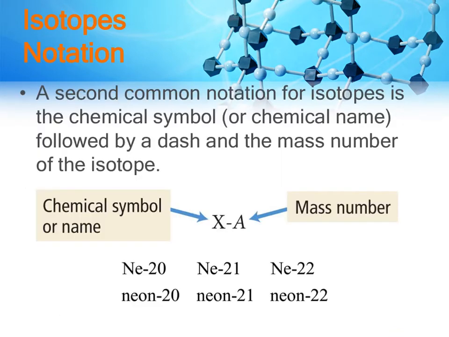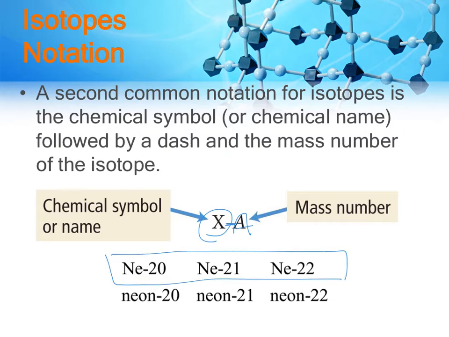I mentioned this a couple of slides ago, but another symbol notation that you have to be familiar with is where you put the chemical symbol for the element followed by a dash and then the mass number. So neon has 3 isotopes.